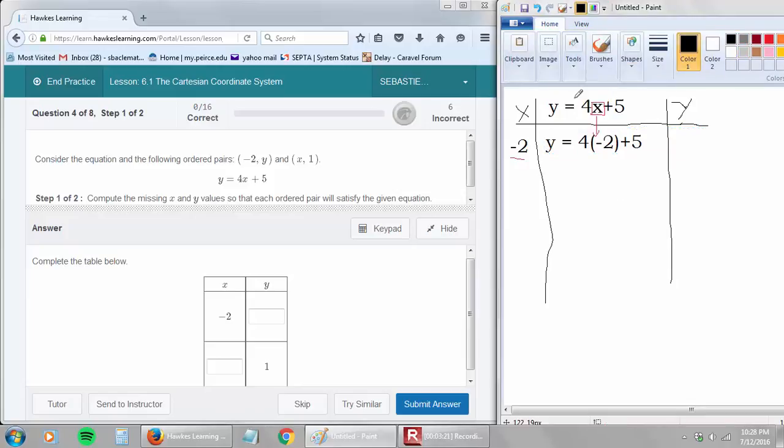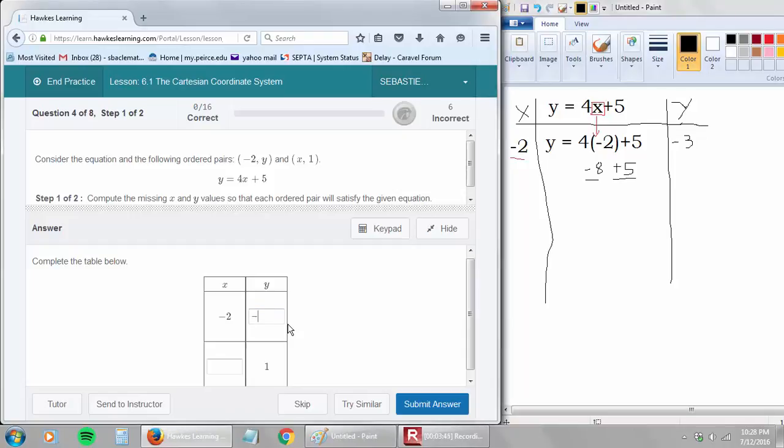You're going to do the calculations. 4 times a -2 is a -8. And then -8 plus 5, got to be careful with the signs here. Since the signs are different, I subtract those, and you'll get a 3, and you keep the sign of whoever's bigger. Well, 8's bigger than 5, so I'm going to keep the negative sign that was with the 8. So I put in a -2, and I get a -3 as my result.